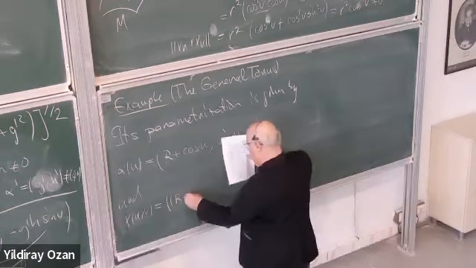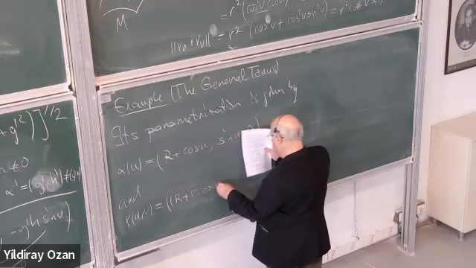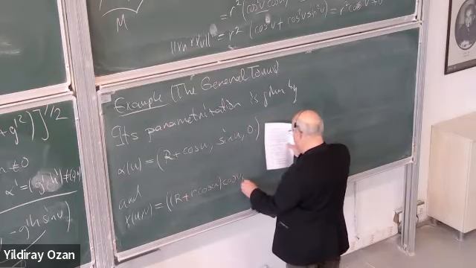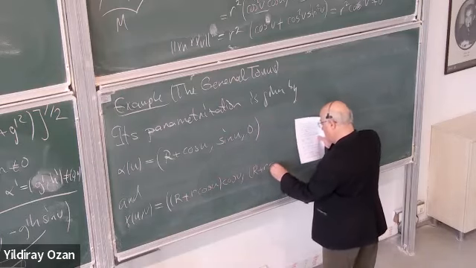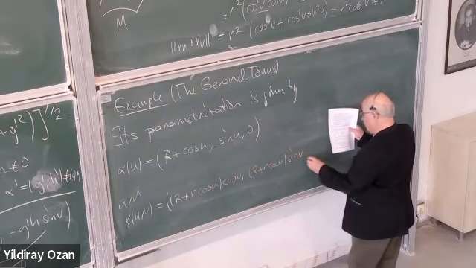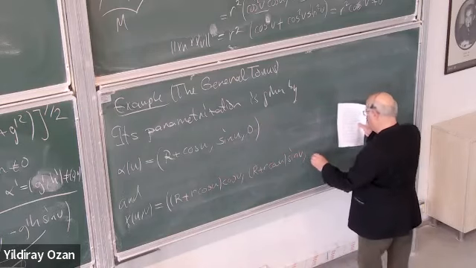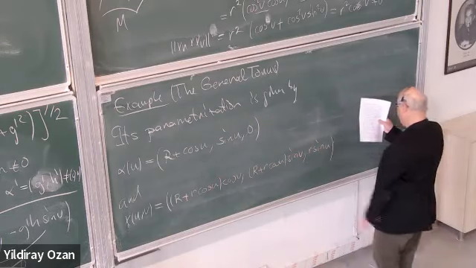Okay, let me write r plus little r cos u cos v, r plus little r cos u sine v, and then the last coordinate is just r times sine u.